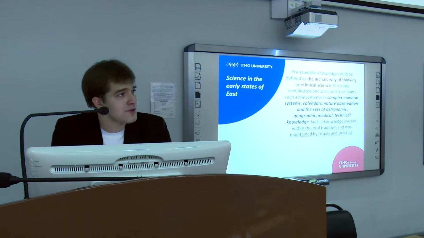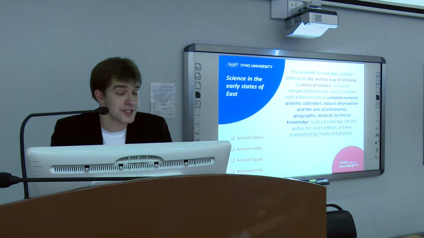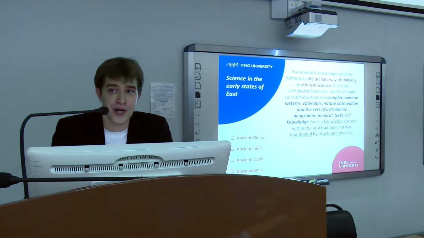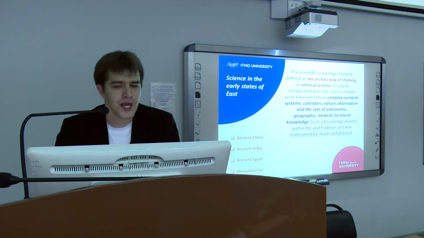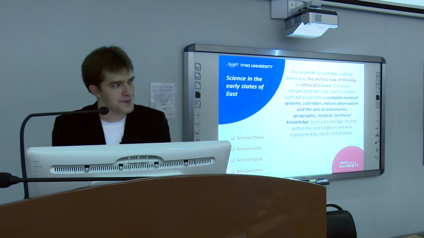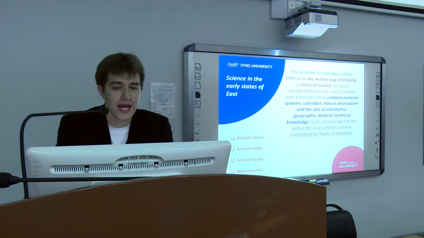So when we speak about the early states of the East, the very first civilizations, and by the latter we mean, as I have already said, Chinese civilization, the civilization of India, Egyptians, Mesopotamian, we can also say Babylonian or any other name for that. So we have to concentrate on the idea that scholars usually describe this kind of pre-scientific knowledge as the archaic way of thinking or ethnical science.